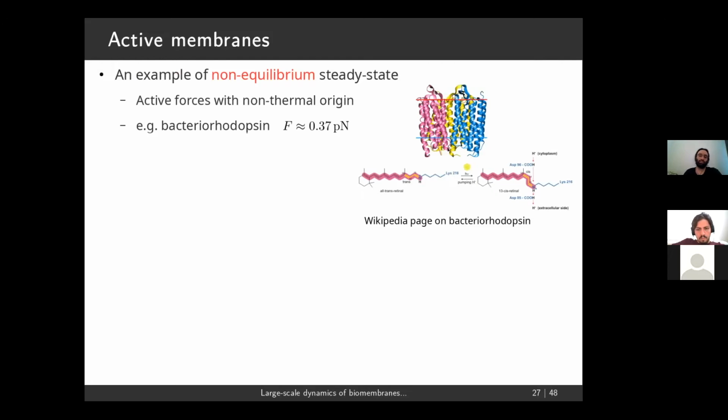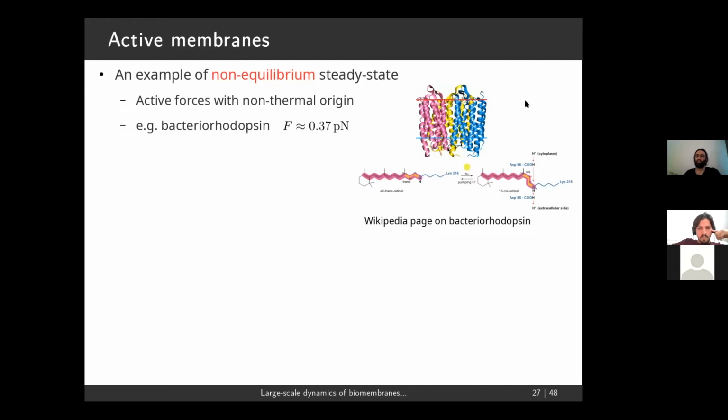One interesting case that people have looked at extensively in experiments and also in theoretical models is when the protein bacteriorhodopsin exists in the membrane.